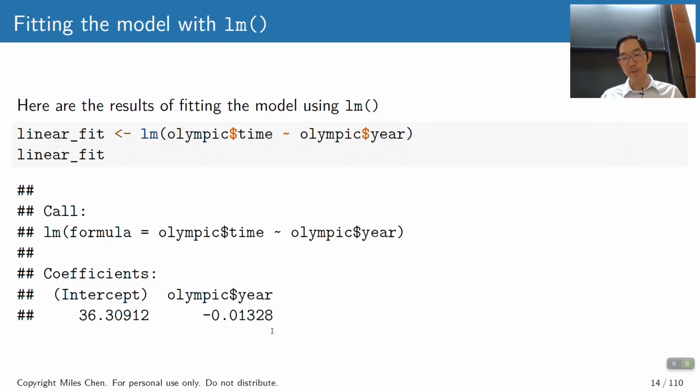So every year that goes by, we expect the winning race time to drop by a little bit more than 1/100th of a second.